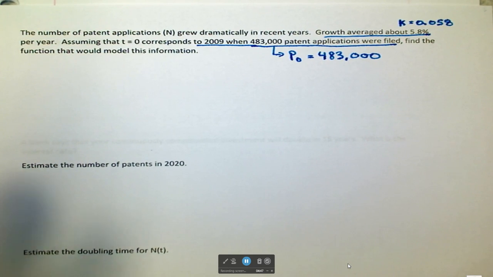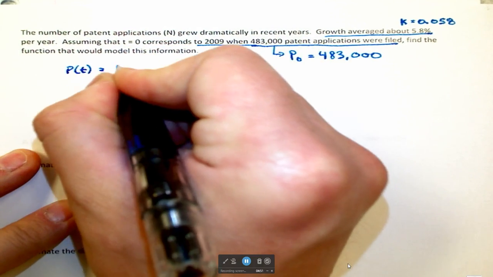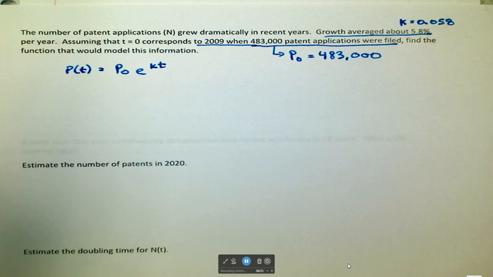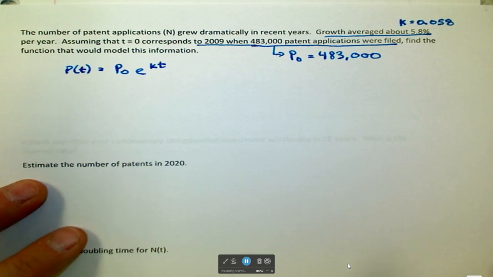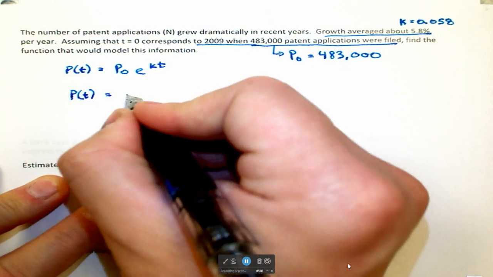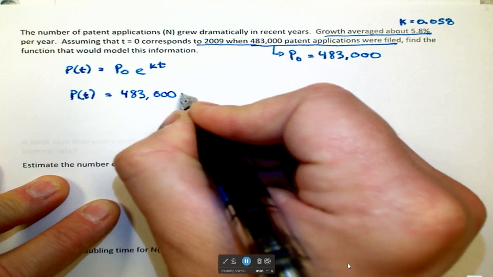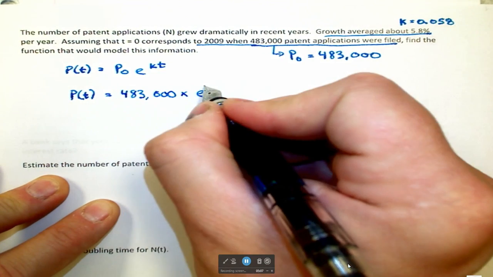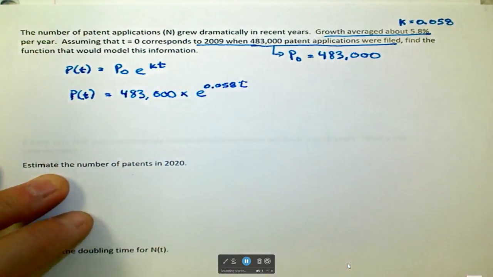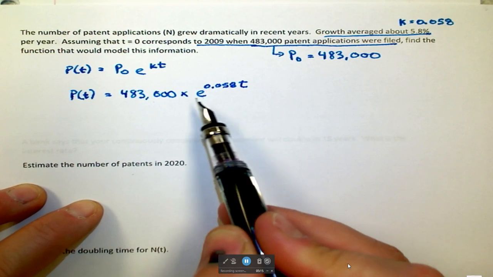Okay, so if we take our model, if we say P of t equals P naught e to the kt, let's write our model. So our model would be P of t is equal to 483,000 times e to the 0.058t.